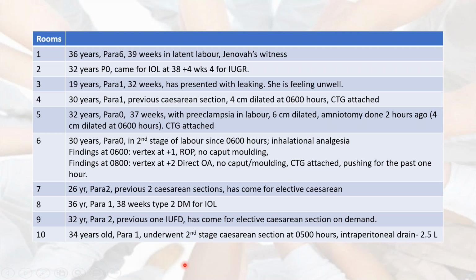We have to be careful about all that. Also group and save and cross matching should be done. We have to tell the midwife to check it. So it is a routine case, and the midwife can apologize to the patient that we have an urgent case. We can see the patient later on, but by this time the midwife can do CTG and explain to the patient. That's it.